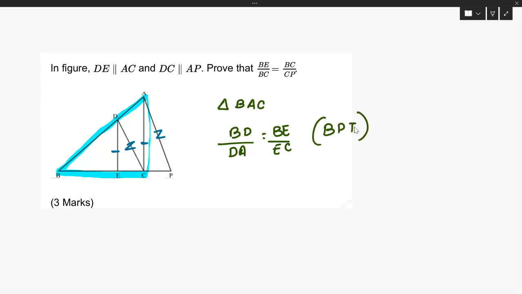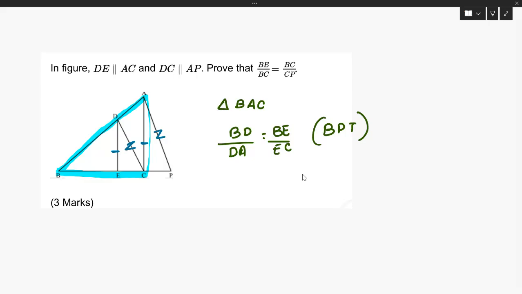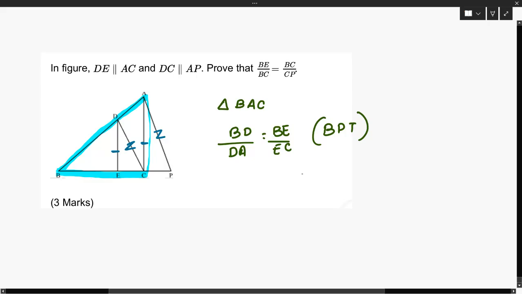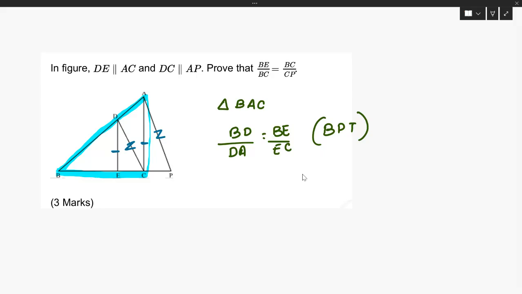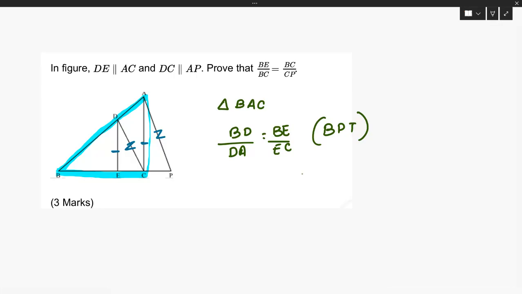Where the parallel lines are cutting, DE is parallel to AC, so BE upon EC is equal to BD upon DA.